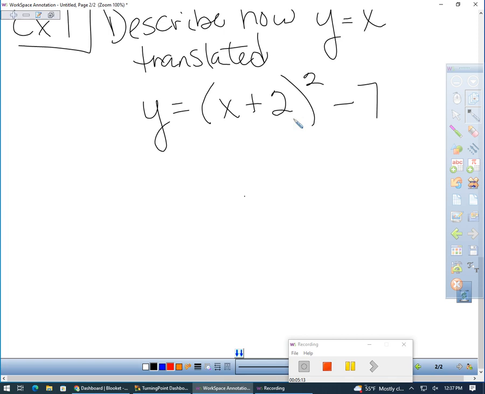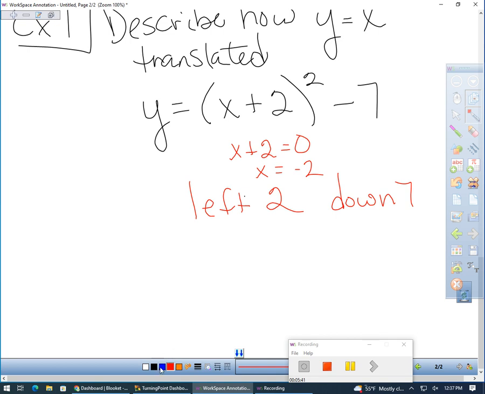So on this one, first of all, if you were to take this and set it equal to 0, that's one way we think about it, right? And we solve, it tells us that x is at negative 2. This means it's going to the left 2. Or you guys like to just look on the inside and say it's going opposite what it appears, right? Okay, what about this minus 7 on the end? Down 7, good. All right, so that was a pretty easy one.